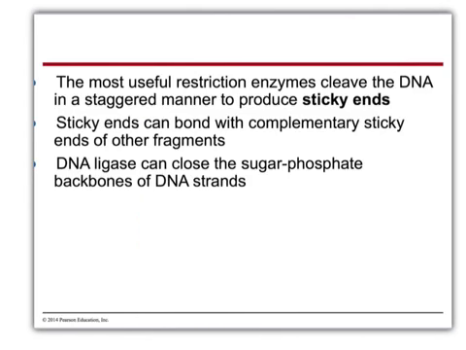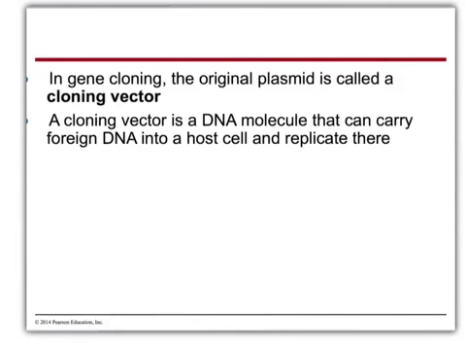So we went over sticky ends. And DNA ligase is used in normal cells to link DNA. You can use DNA ligase to link DNA in the test tube too. And then the original plasmid is called a cloning vector.